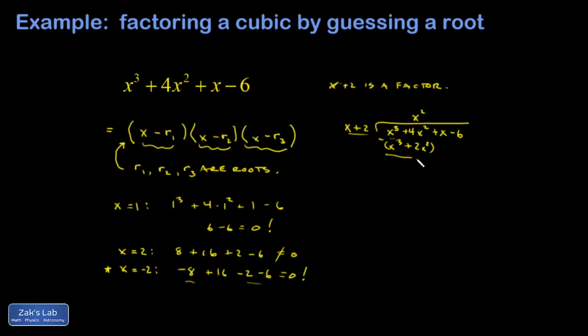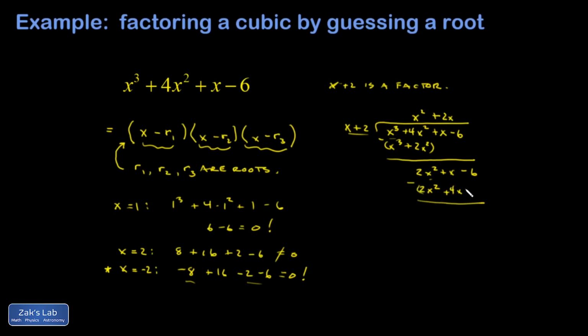Subtract that from the original polynomial, and I end up with 2x squared plus x minus 6. Again, just working from the highest degree down, I'm trying to guess the next piece to distribute in here to get what I'm looking at. And that would be 2x distributed to x plus 2 gives me 2x squared plus 4x.